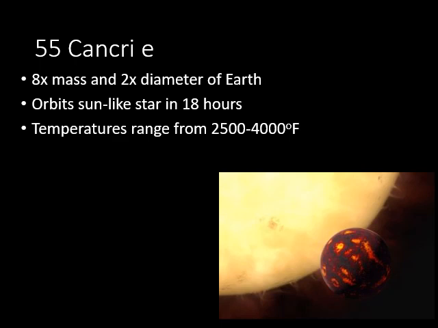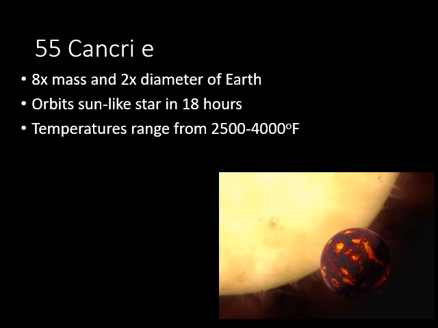Now, the planet, while it's still a rocky planet, is a little bit larger than the Earth, about 8 times the mass, 2 times the diameter of the Earth. And because it's so close to its star, it orbits very, very quickly. It only takes 18 hours for this planet to go around the star once. So 1 year for this planet is only 18 hours. It goes around incredibly fast.